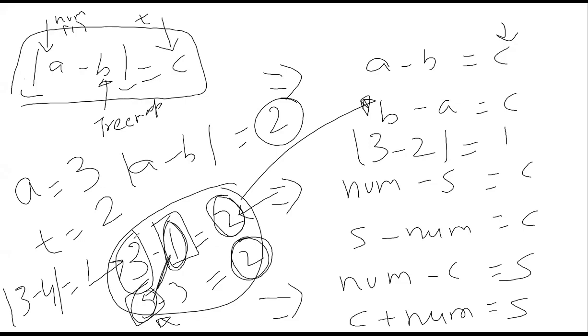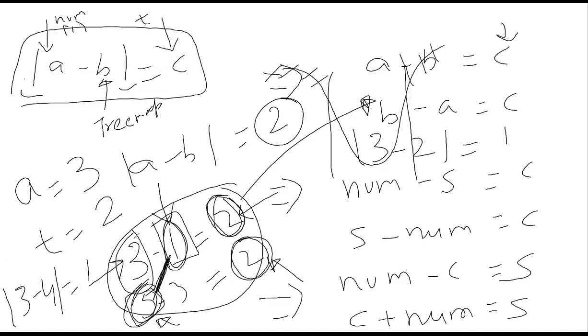Anyone who falls between these two numbers will still satisfy the equation, because these are my two extremes. If I go anything below that, my number will start becoming greater than 2. And if I go anything greater than this one, my number will again start going up, right? So it's like an equation where you have to find the two bounds after which your numbers increase. And these numbers will not be in your data range.